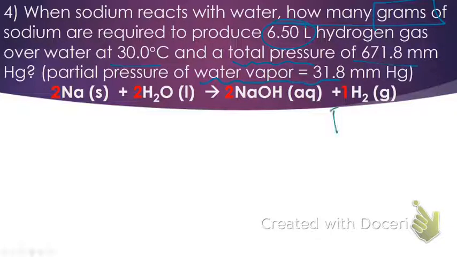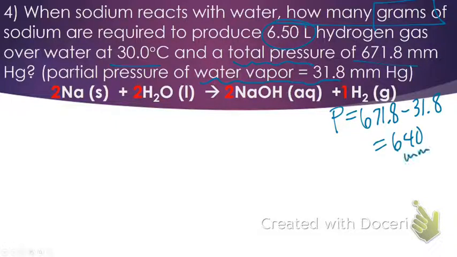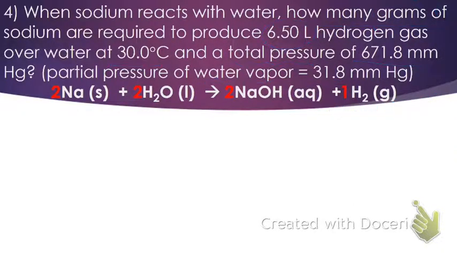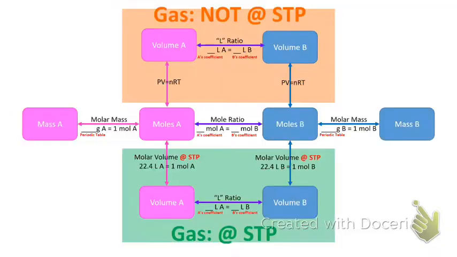So before I do anything else, I'm just going to make a little note that my pressure is going to be equal to this minus that, which just so happens to equal 640. So this is the actual P that I'm going to be using in there. But let's take a moment to look at our map because I'm trying to find grams from liters. So I'm starting at volume, not at STP.